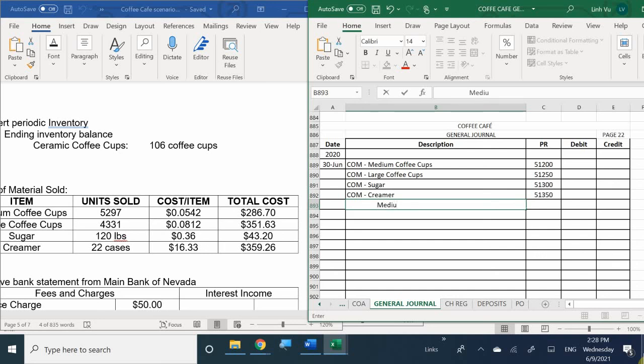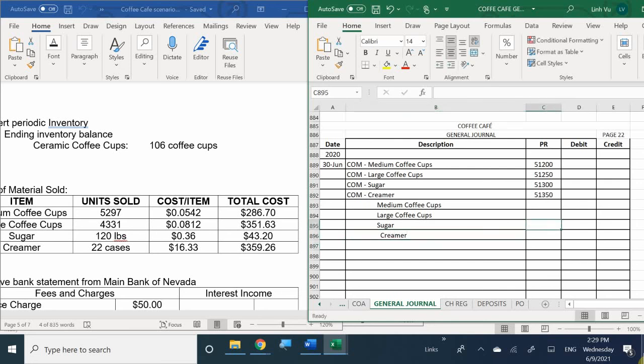Medium coffee cups, large coffee cups, sugar, and creamer.